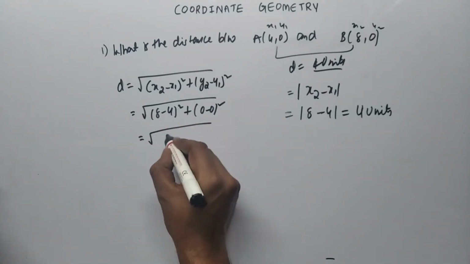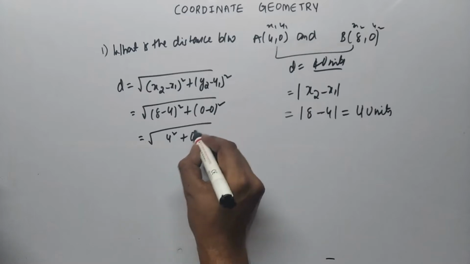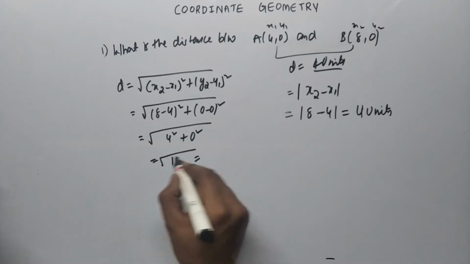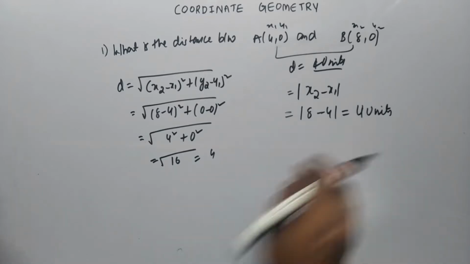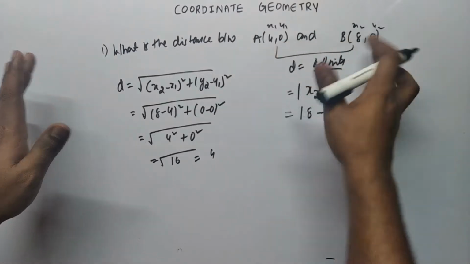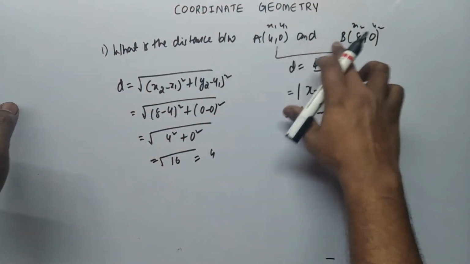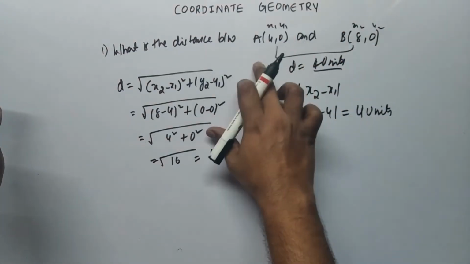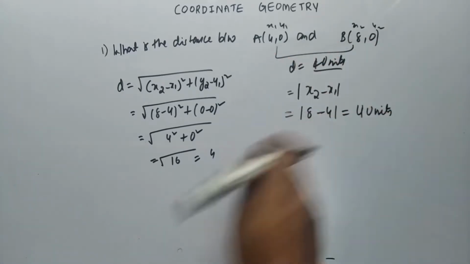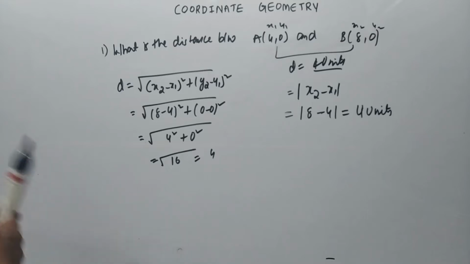So 8 minus 4 is 4 square, 0 minus 0 is 0 square. So 4 square is 16 plus 0 is 16, root 16 is 4. So we got the same answer. Just remember, whenever any one of the coordinates is the same, suppose here the y coordinates are same, we need to subtract the x coordinates, 8 minus 4, and you will get the answer. You can also use this distance formula.